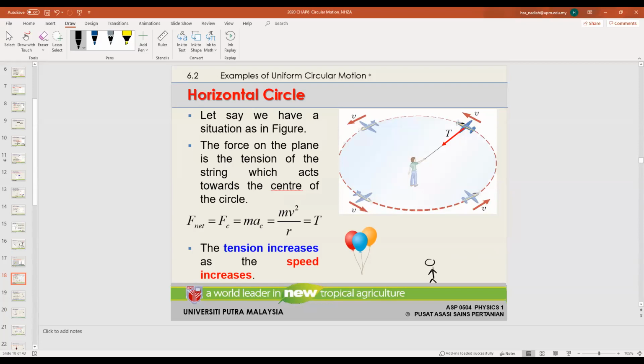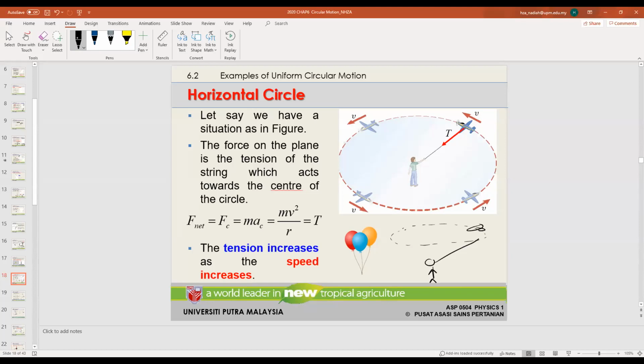This is you, and this is your string. And this is your airplane. Okay, somewhat. Wow, that's terrible. Okay, an airplane like that. Okay, so this is bad. This is my string. This is not a string, this is the circular motion.